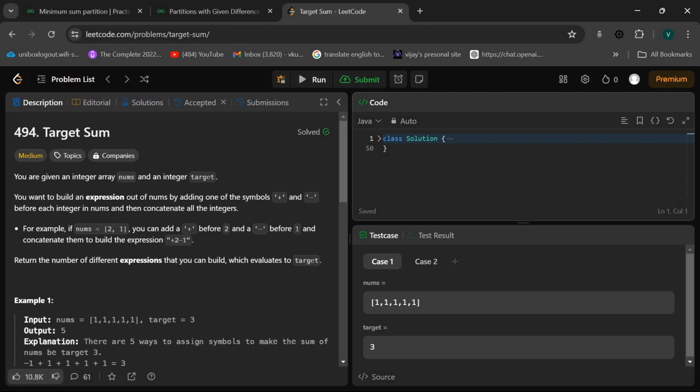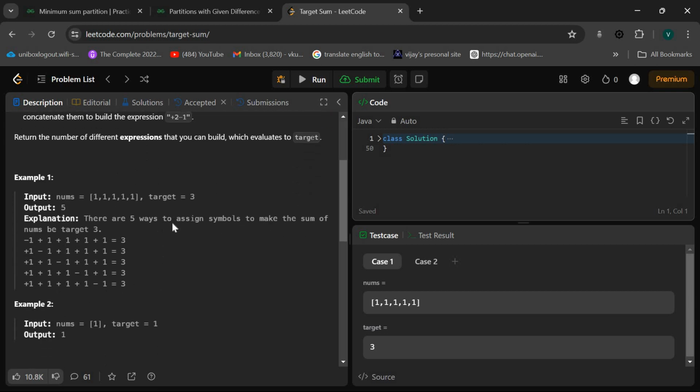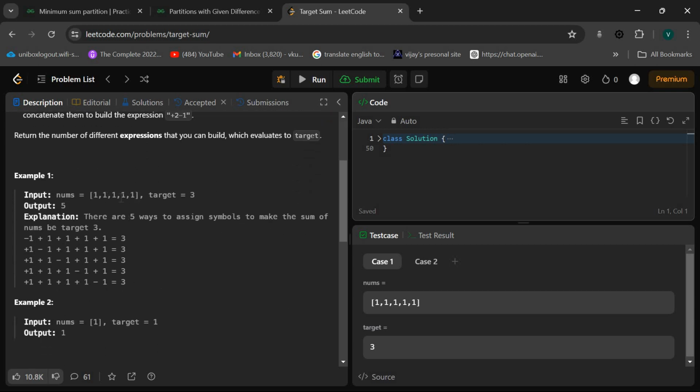Let's go to an example. 1 1 1 1 1, we have five 1s and the target is 3. So this simply says that we can add plus or minus to these elements, but after calculating the full row, we should get only 3 as output, only the target value.